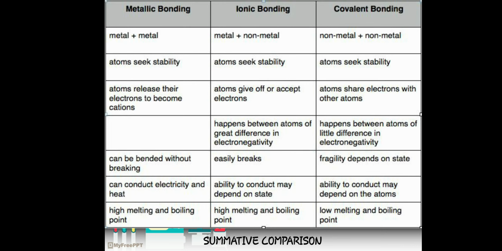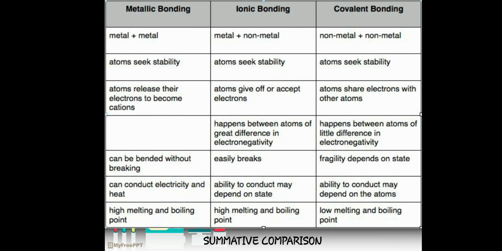Comparing it to covalent bond, it will be done if an element will share it with a non-metal. Non-metal to non-metal. Okay? Always remember, metallic bond is metal to metal, ionic bond is metal to non-metal, and covalent bond is non-metal to non-metal. Okay. So in metallic bond, atoms seek stability, the same as in ionic and covalent bond.